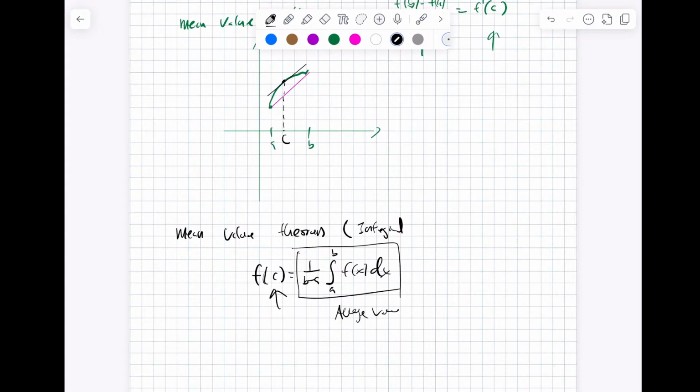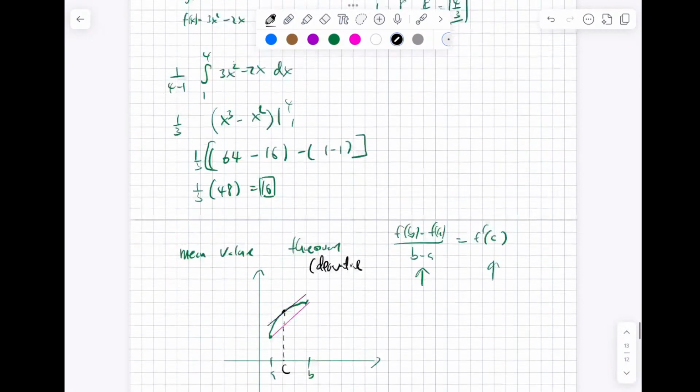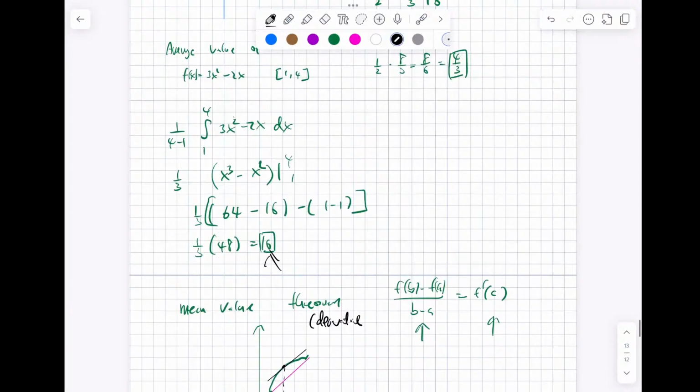Now, in here, they will tell you that a specific x value is going to give you the output. So what I'm saying is this: I have this area 16. Somewhere between 1 and 4, there is an x value that is going to give me 16.